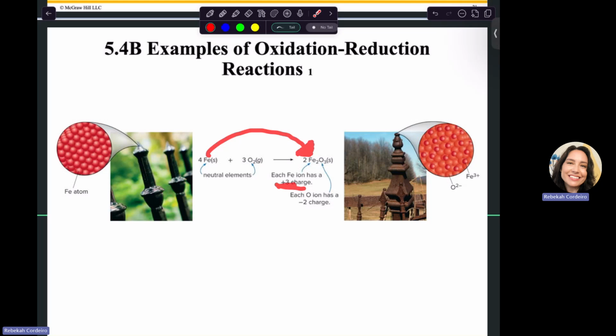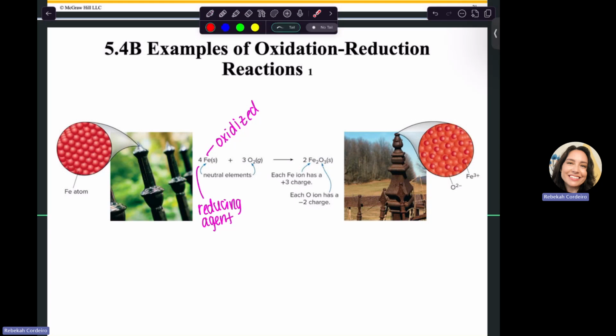If it's getting more positive, is that Leo or Ger? Right, that's Leo. So we're being oxidized. So the iron is getting oxidized, which means it would be the reducing agent. So iron gets oxidized, and we would call it the reducing agent.